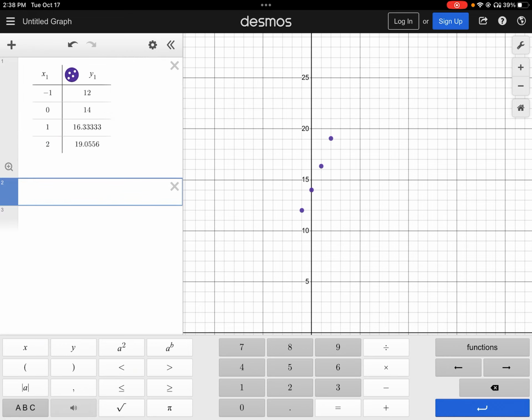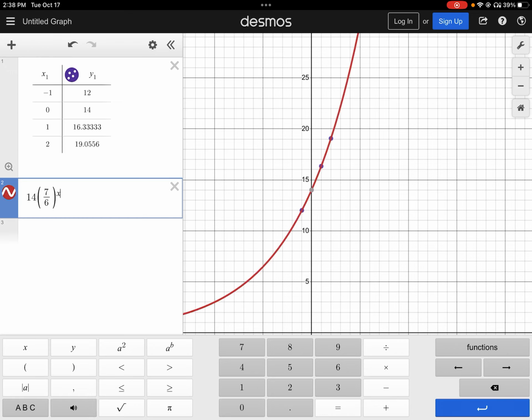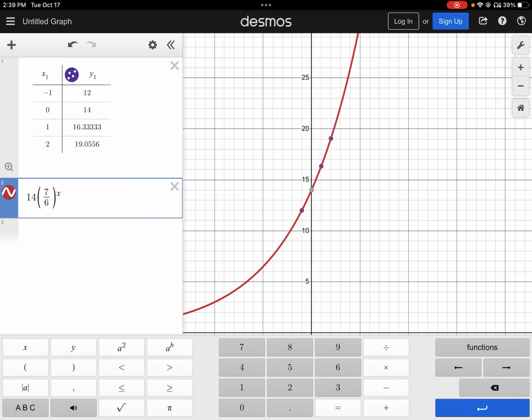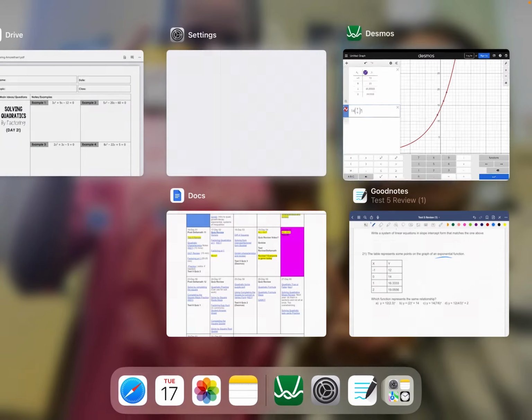C, 14 parentheses 7 divided by 6 to the power of x. It looks like it's probably C. I'm going to type in D just to double check. 12 parentheses 4 divided by 3, close parentheses, to the power of x plus 2. And you can tell it also wasn't D. So yeah, C. Again, I just added the table, put that table in there, and then matched up the equation to see which one went through all those points.